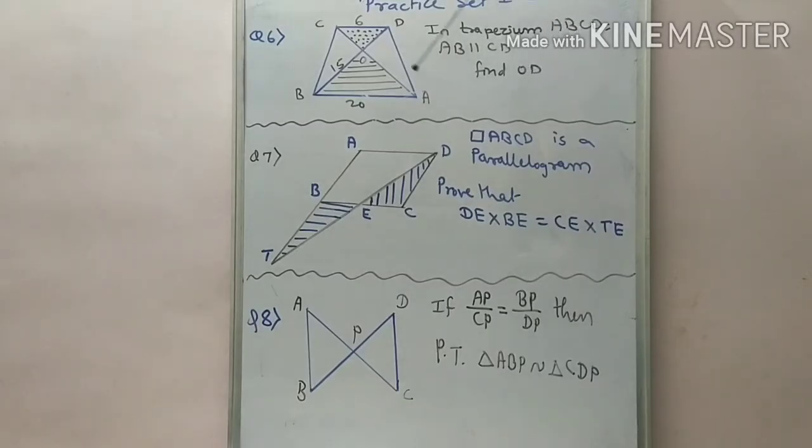Okay students, getting this point. Then for the 7th one, it is given that quadrilateral ABCD is a parallelogram. Then again we have to prove DE into EB equals CE into ET. So what we do here, students, according to the 4 segments, we form 2 triangles again. So here we have the 2 triangles, triangle BET and triangle CED.